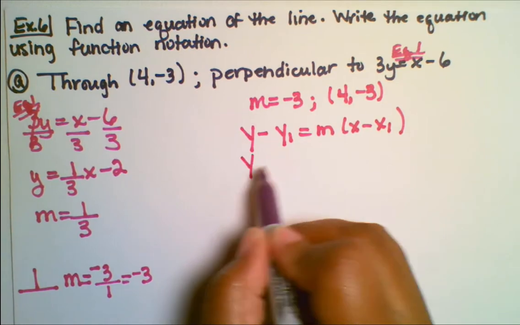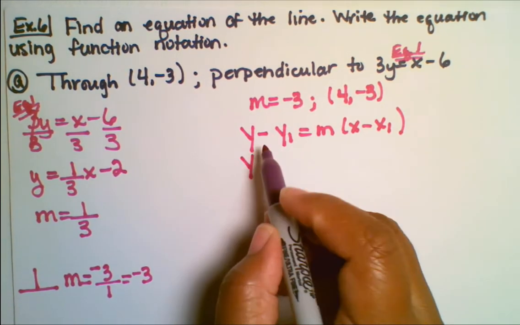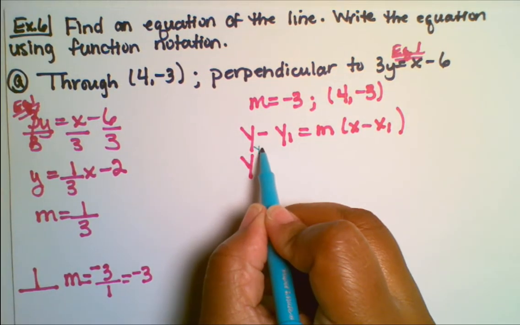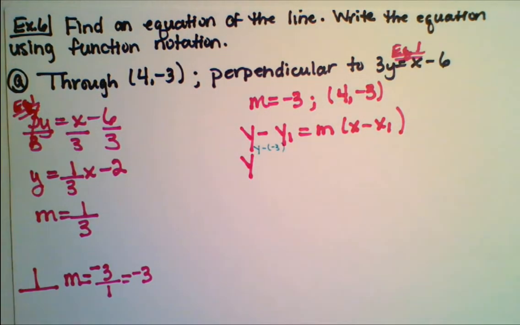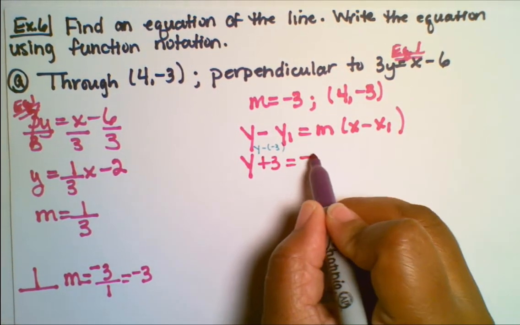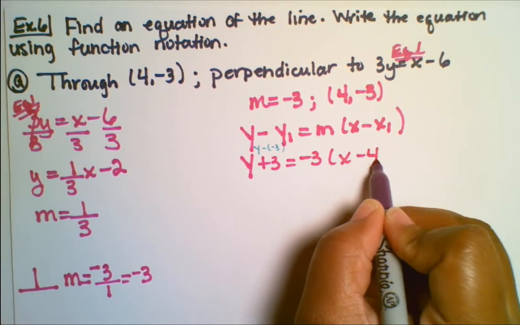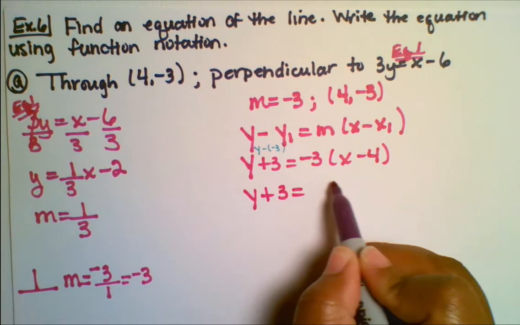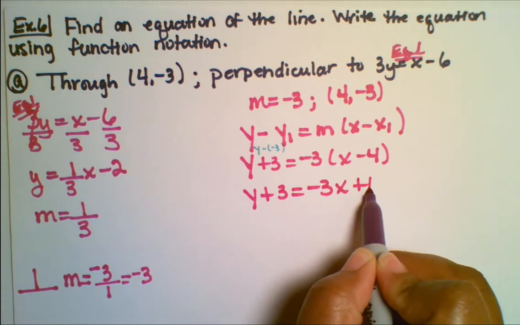We have y minus negative 3, which is y + 3 = -3(x - 4). Let's distribute the -3. We have -3x + 12.